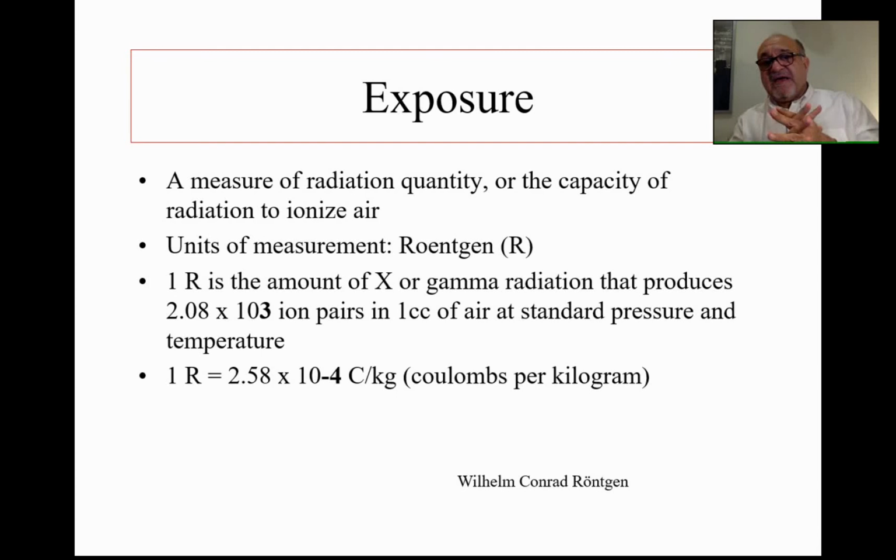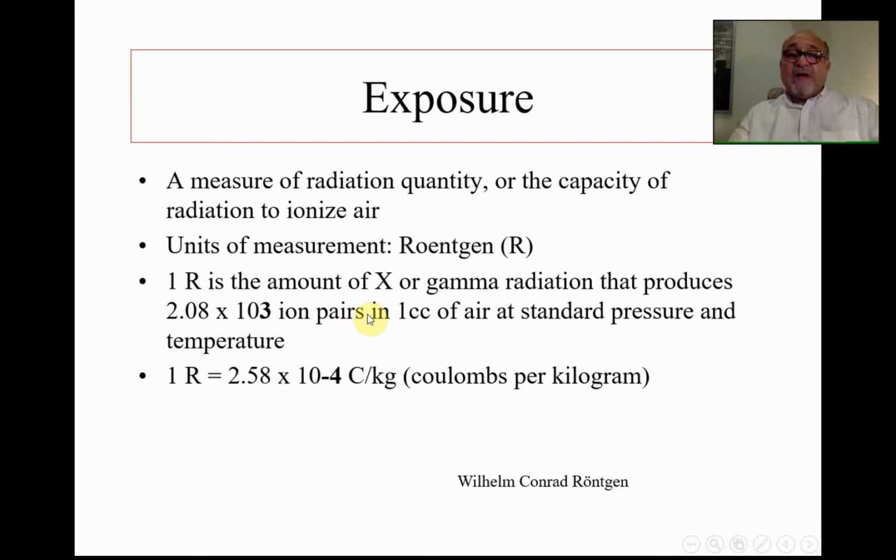Röntgen is abbreviated as capital R. 1 Röntgen is the amount of X or gamma radiation that can produce a certain amount. Don't forget the numbers, because I know that dentists are not that familiar with numbers.